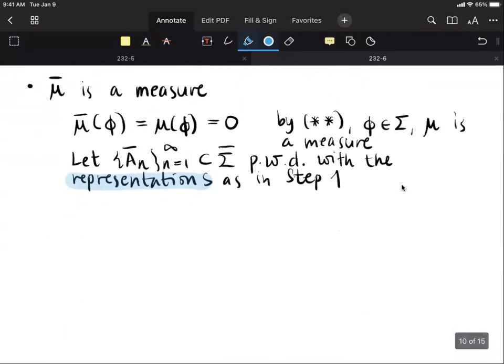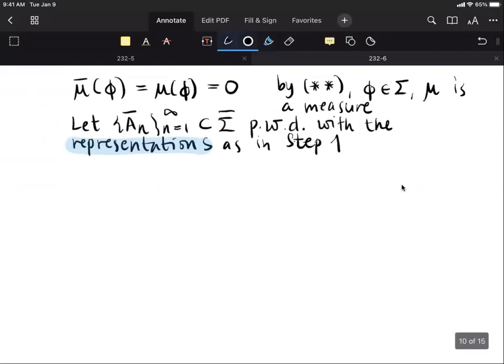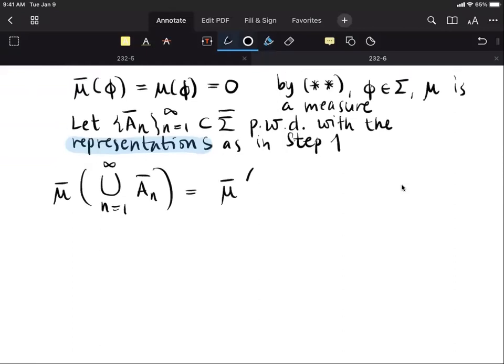So if that is the case, then if we take mu bar of the union of the A bar n, this is equal to the union of A n union with the B sub n's.